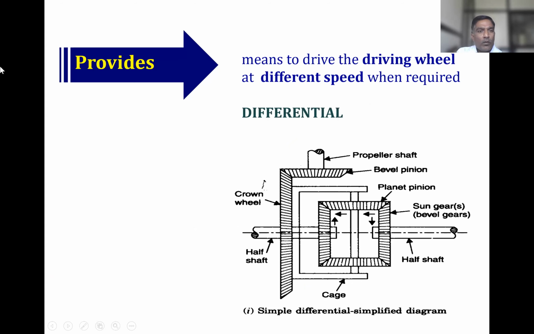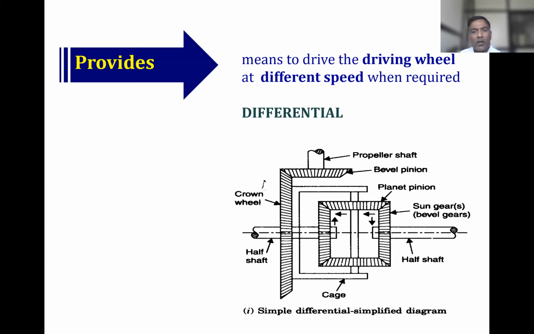Okay. So next requirement to have different speeds when required. So on the curvature or on the curved road, vehicle has to negotiate the turn. In that case, there should be one arrangement which will be able to provide different speed for the rear wheels.